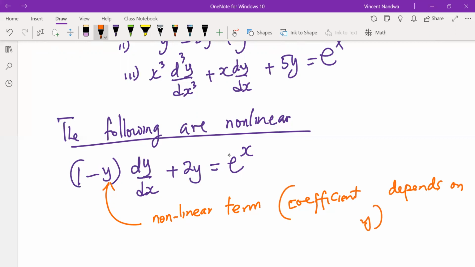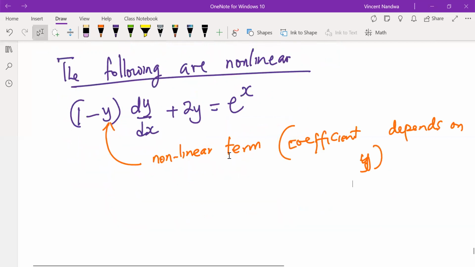So remember, if the coefficient depends on y, then that is a nonlinear equation.